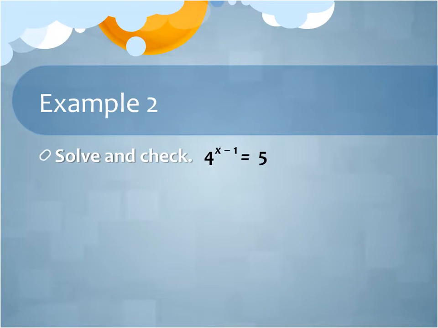So again, it says solve and check. Now I've got 4 on the left and 5 on the right. Any way to make one become the other? No. So I'm going to take the log of both sides of this equation. So log of 4 to the x minus 1 equals log of 5. What do I do with that exponent?